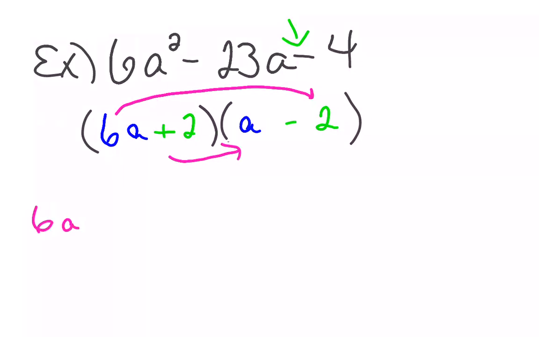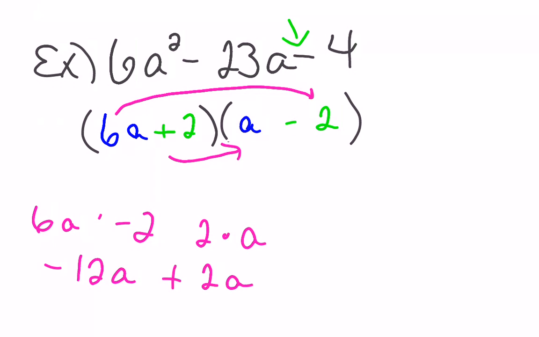So we have 6a times a negative 2 and 2 times a. 6a times negative 2 is negative 12a, and 2 times a is 2a. And so negative 12a plus 2a is negative 10a. Notice that's not the negative 23a that we are looking for. So we have to try something different.